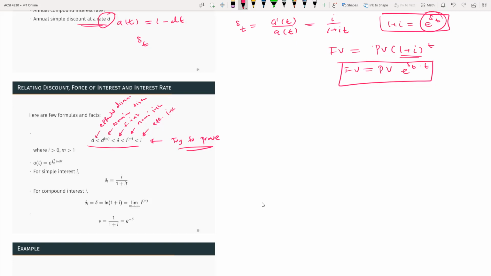For example, we know that 1+i equals what? (1+i^(m)/m)^m.